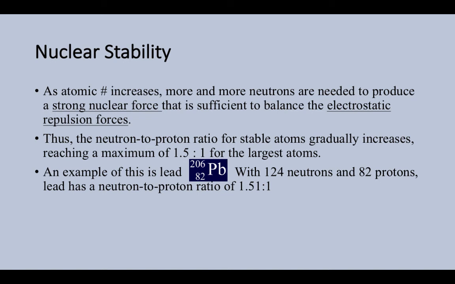As an example, lead-206 has 124 neutrons and 82 protons. If you take the 124 and divide it by 82, you're going to get the number 1.51. So that means the neutrons are at a 1.51 to 1 ratio to protons. That's an extremely unstable nucleus, and it's going to undergo decay.